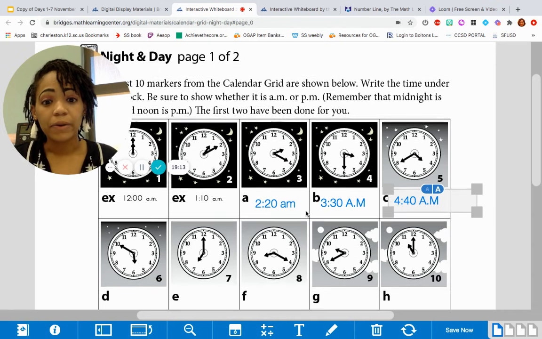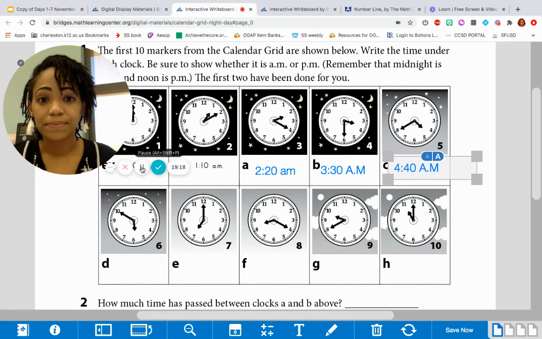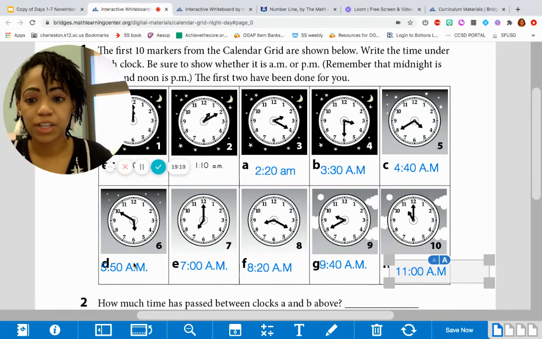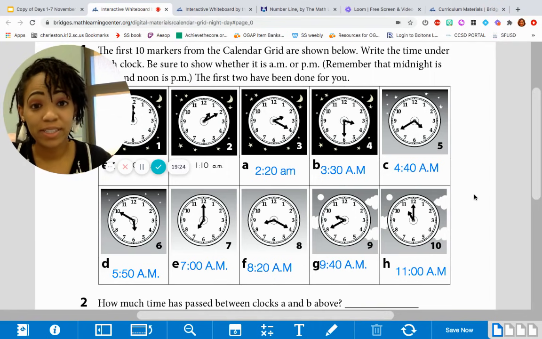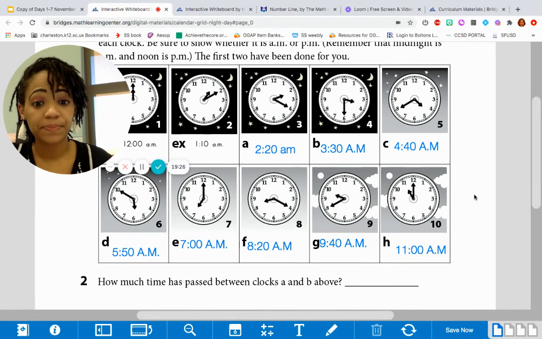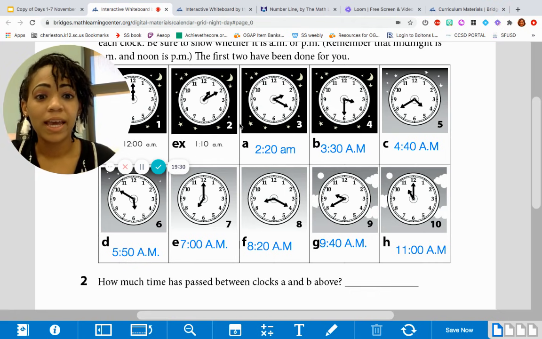So now I want you to just check your answers for the next few clocks. Check your times. They look really similar to what we're seeing on our calendar markers, right? So how much time has passed between A and B? 2:20 to 3:30.